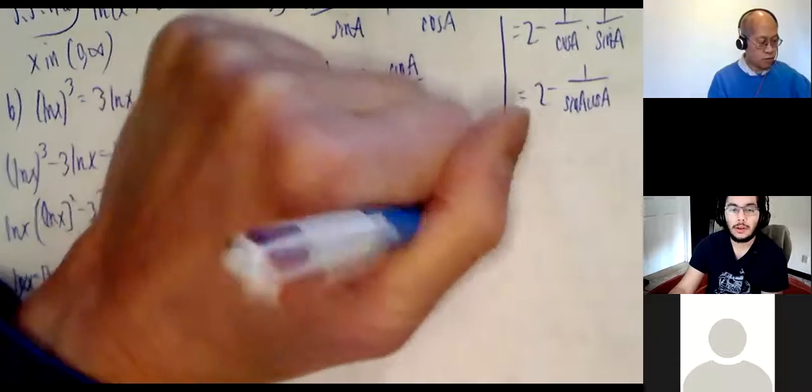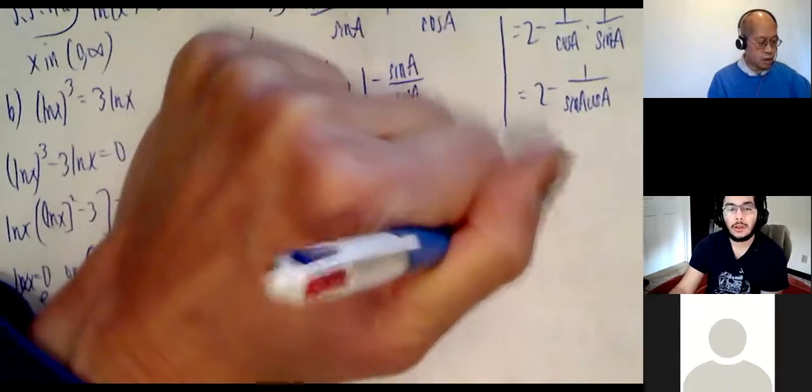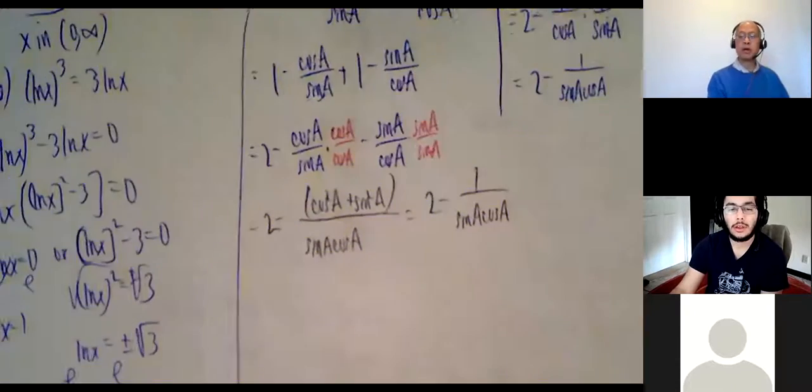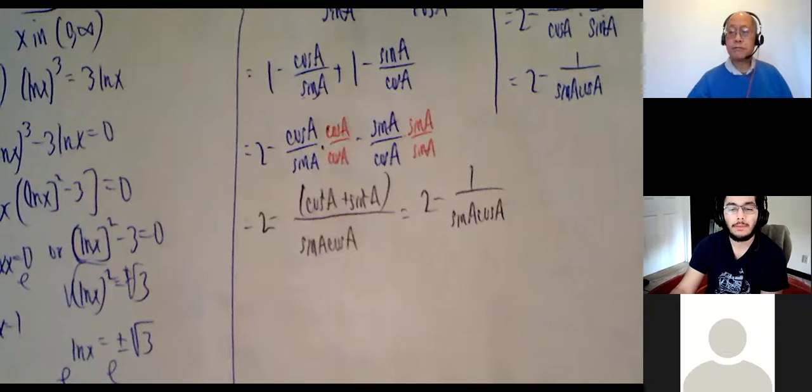So 2 minus 1 over sine A cosine A, and we are done. Okay, so that's 35. I think I've caught up.